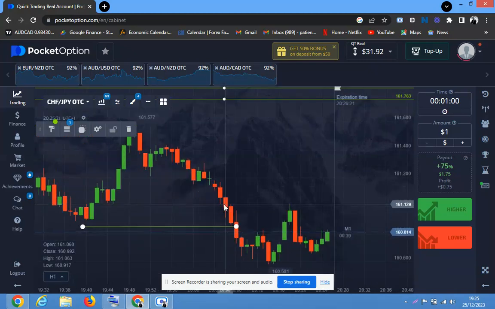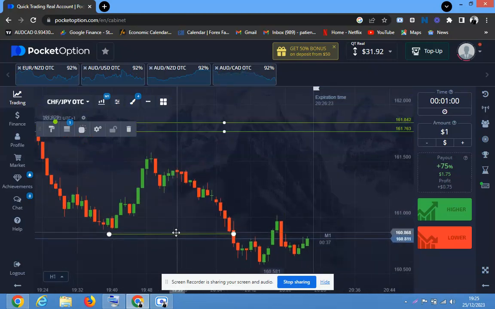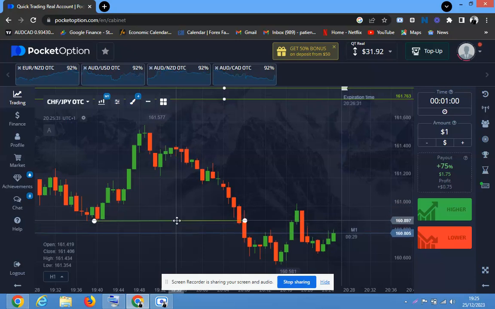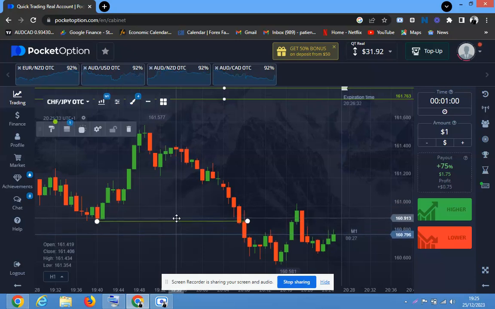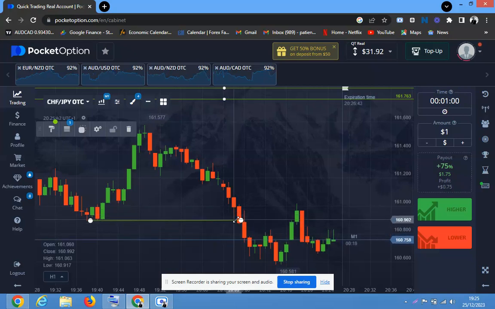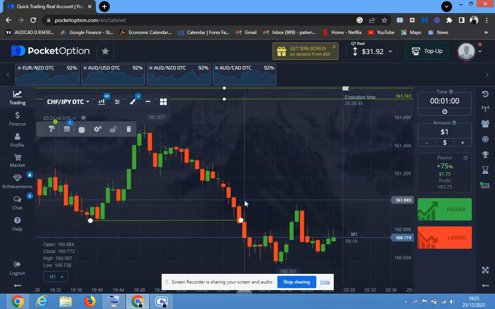As you can see, we all expect the price to reach this level and reverse to the upside, but nothing like that happened. So the price continued to push downward and break the level.